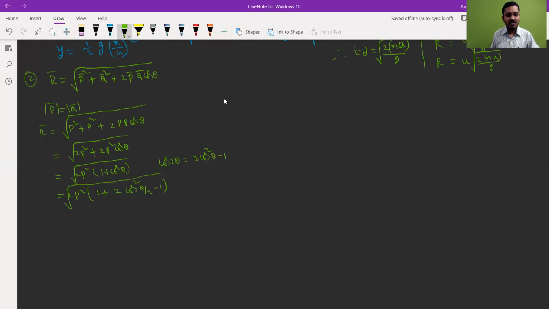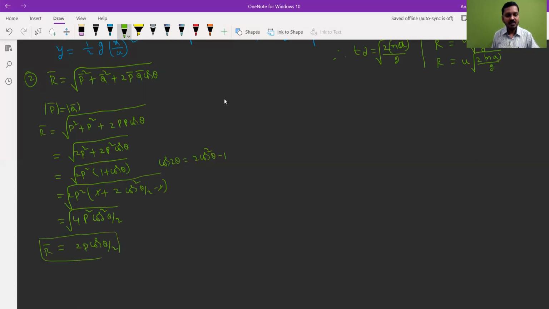So plus 1 minus 1 cancel. Then multiplying, 2 into 2 is 4, 4P square cos square theta by 2 under root. Therefore the magnitude of the resultant R bar is equal to, taking these values outside the root, 2P cos theta by 2. This is the final equation.